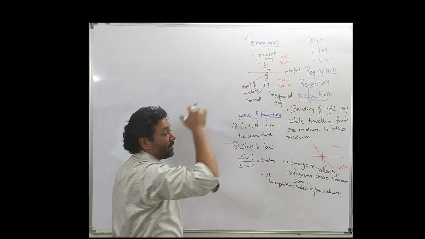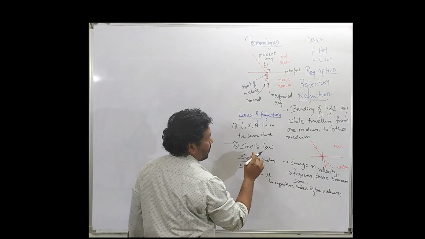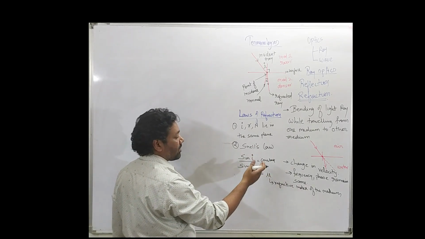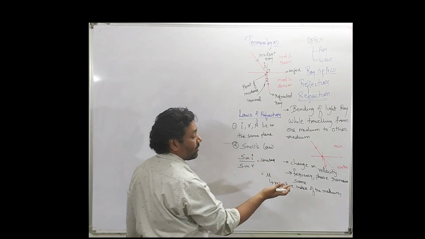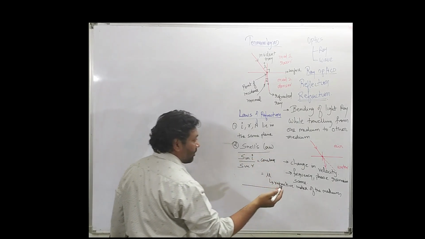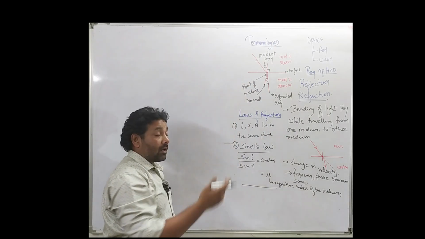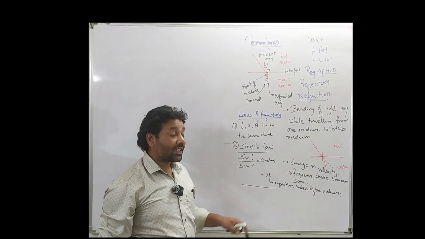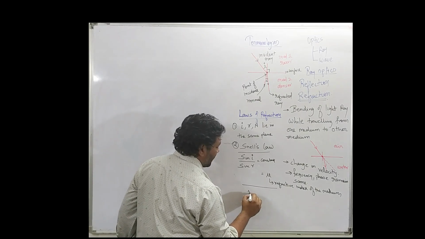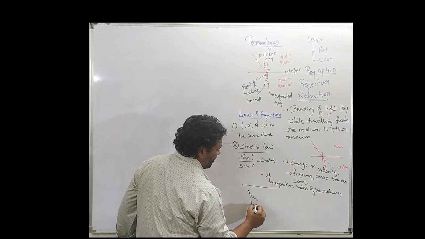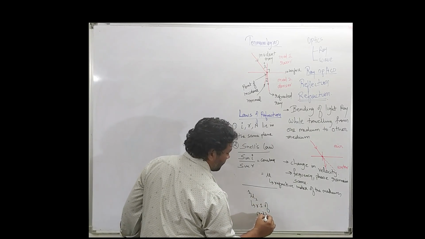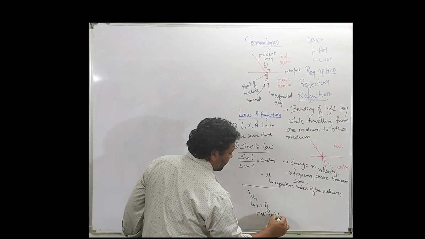It has entered from medium 1 to medium 2. So sin i by sin r, this ratio, we always get a constant, and that constant we call the refractive index of the medium. To write it more clearly, since we have two different media, it can be written more specifically as the refractive index of medium 2 with respect to medium 1.